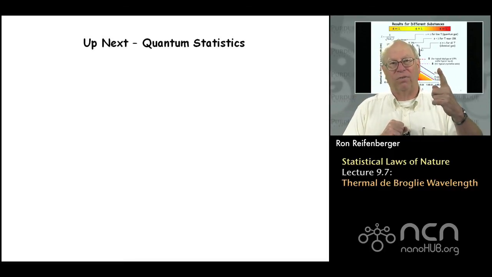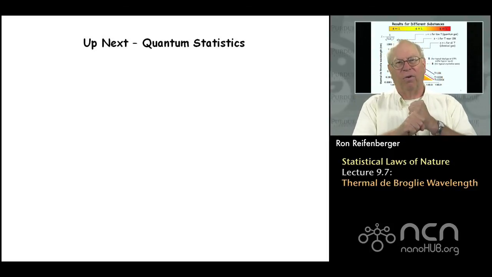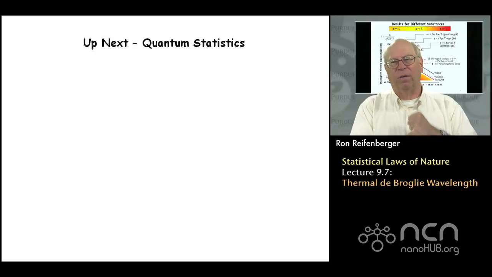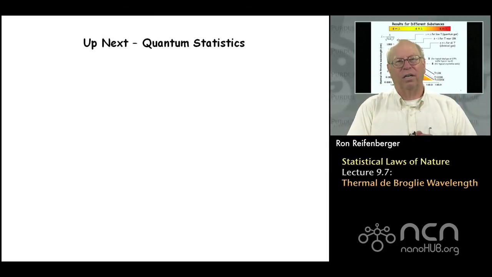That's going to be the case for bosons. The other case we'll consider is for electrons, which are particles with spin 1/2. Those particles are referred to as fermions. And we're going to see that the statistics that govern these two quantum particles are completely different. And that'll be the subject of the next lecture.